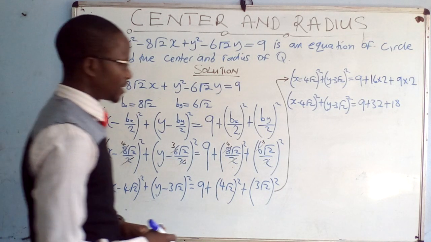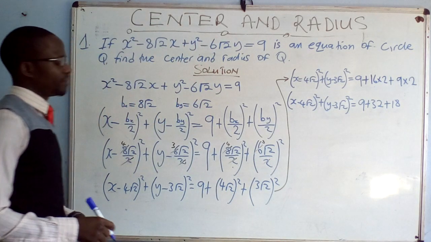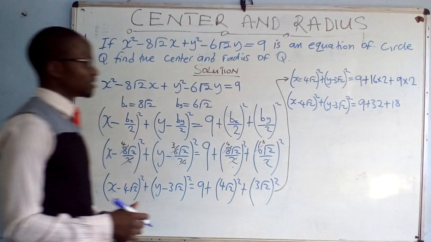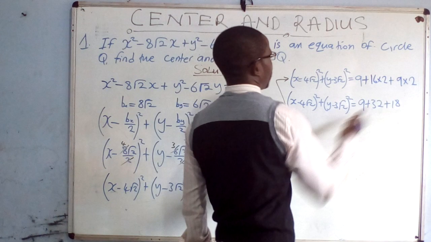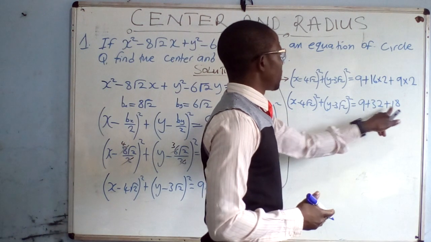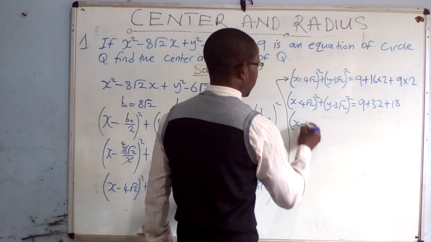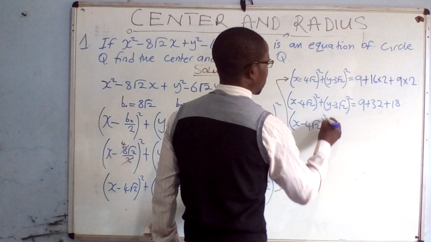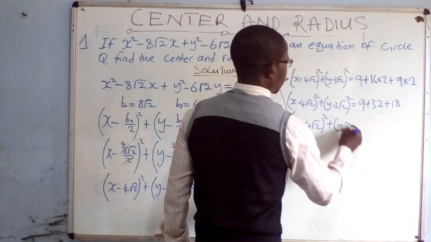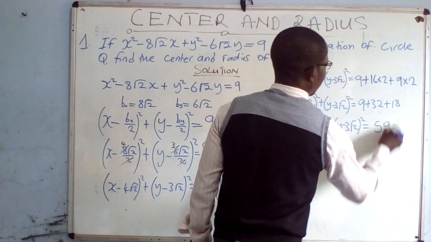We get 59, because 32 plus 18 is 50, 50 plus 9 is 59. So we have x minus 4 root 2 to the power 2 plus y minus 3 root 2 to the power 2 equals 59.